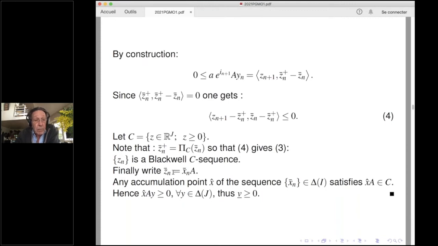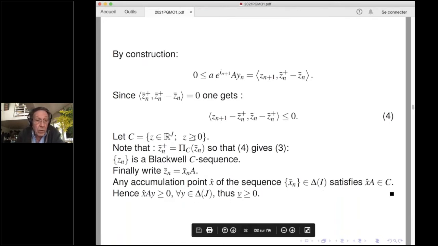Zn bar, remember that Zn corresponds to a line. So when I take the average of the lines, it's like taking xn bar A, where xn bar corresponds to the average. So xn bar is a mixed strategy of player one. Any accumulation point of this sequence xn bar will satisfy x A is in C, because this is a Blackwell sequence and Zn bar converges to C. But to say that x A is in C means that all the components are positive.